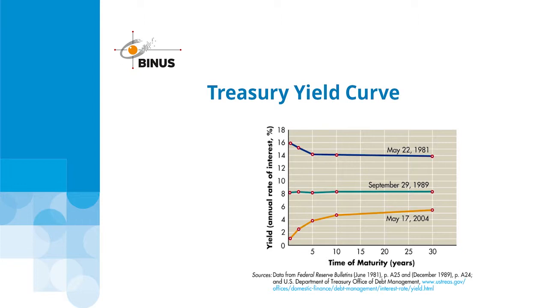The horizontal axis is the years, while the vertical axis is the yield to maturity. Less than 5 years is the short term. The blue line is the downward sloping, so it is the inverted yield curve, while the normal yield curve refers to the yellow line, and the middle one is the flat yield curve.